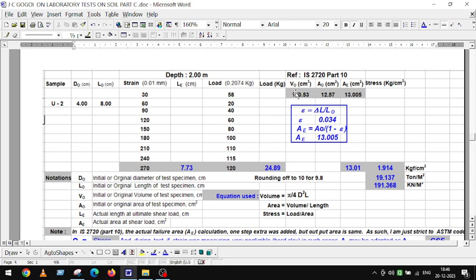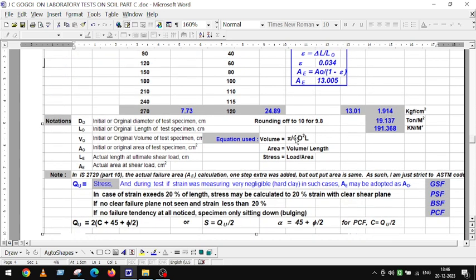And we take the volume. The volume is calculated based on the formula I have given here: volume equals pi by 4 d square into L. We should not forget that volume is constant, since there is no rigid boundary of the sample, like consolidation.